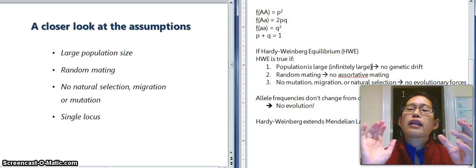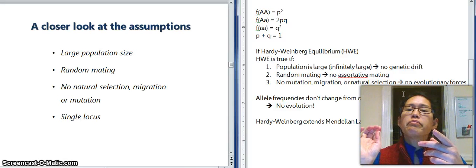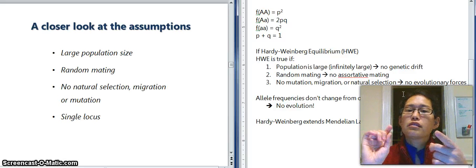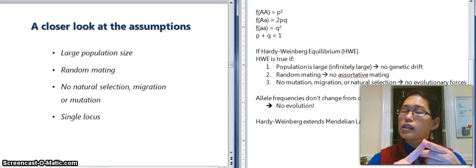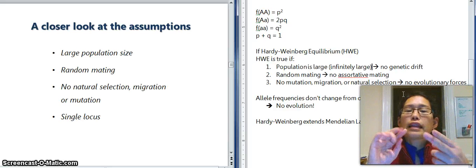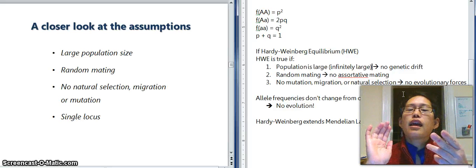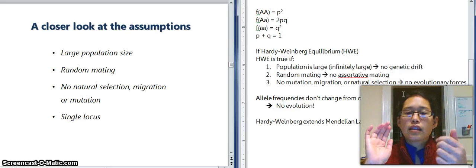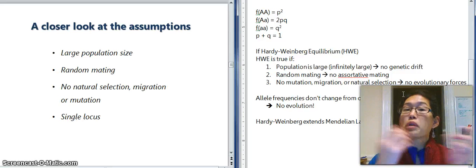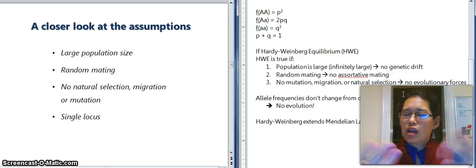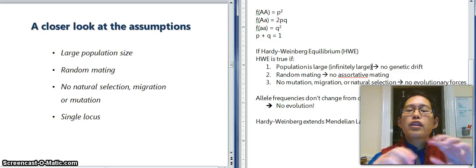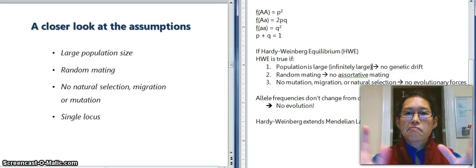So you can calculate genotypic frequencies in your population. You can calculate allele frequencies based on that. And then you can calculate what the genotypes would be under Hardy-Weinberg. We'll talk about all this. And then you can use a chi-square test to compare those.